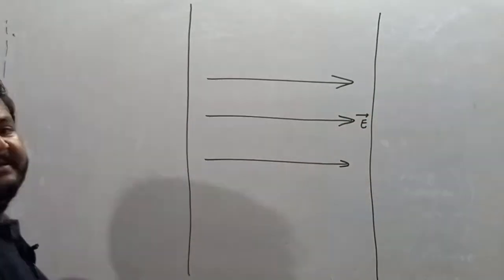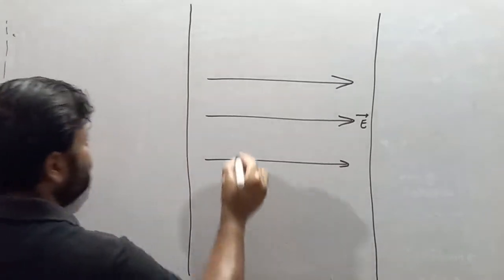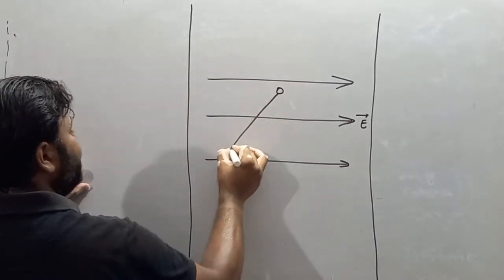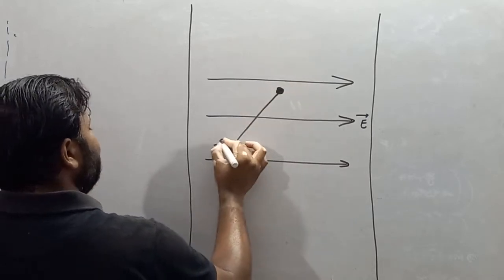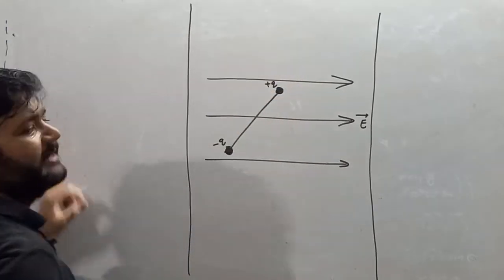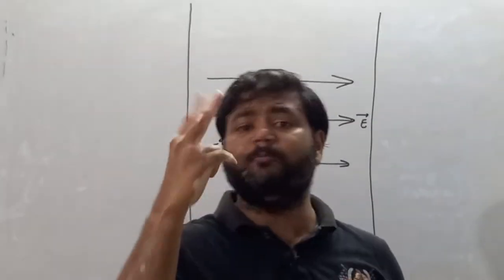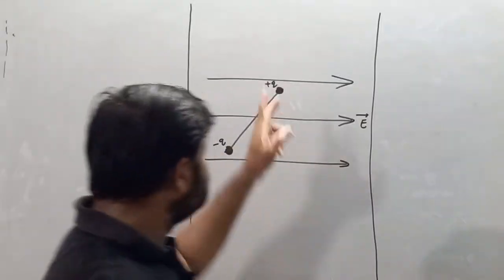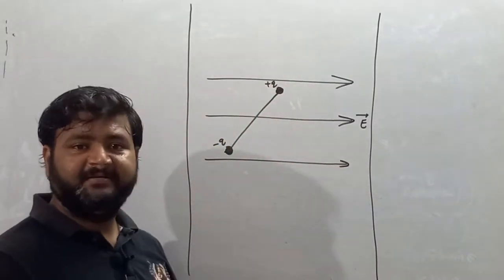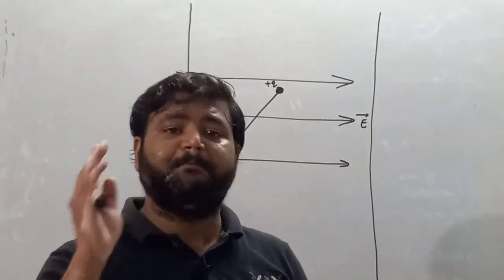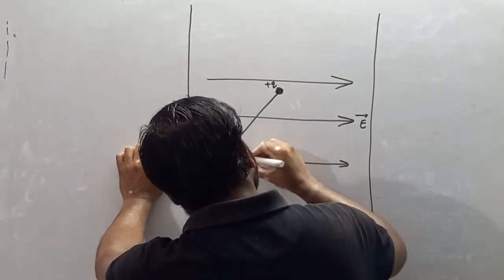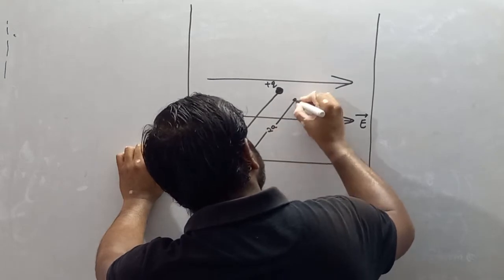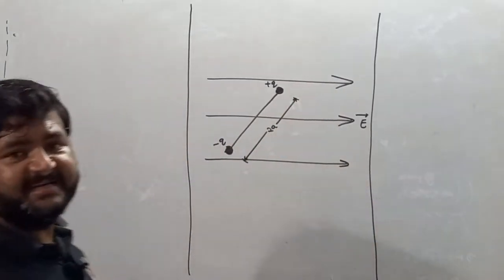Let's suppose in this uniform electric field we have a dipole system, and we know that the dipole system is, dear student, a combination of 2 point charges. One is positive and the other is negative. The magnitude of charges on the dipole system is the same, but their nature is opposite. Let's suppose this dipole system is of length 2a.